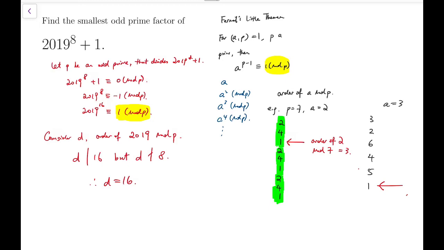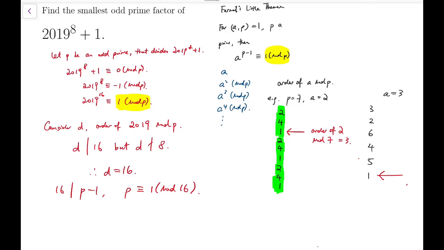Now given this, we can bring in the p minus 1, and we can say that 16 divides p minus 1, or in other words, p is congruent to 1 mod 16. So we need to find primes that are congruent to 1 mod 16, and in fact there are not many.